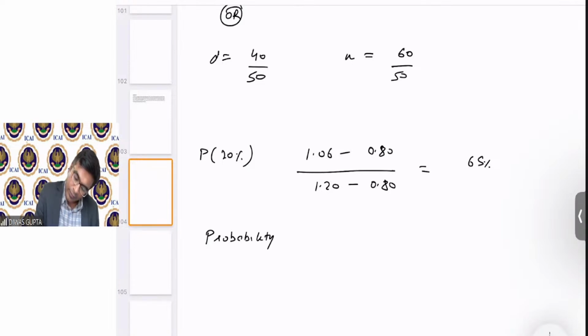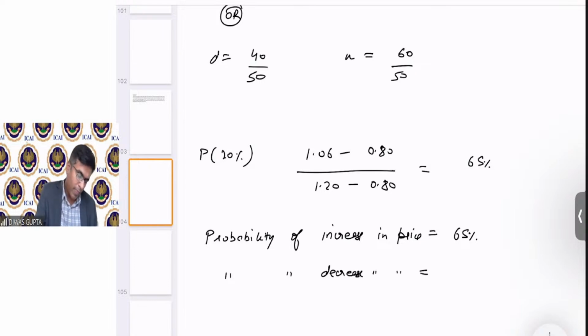Probability of increase in price is equal to 65%. Probability of decrease in price is equal to 35%, which is 100 minus 65.